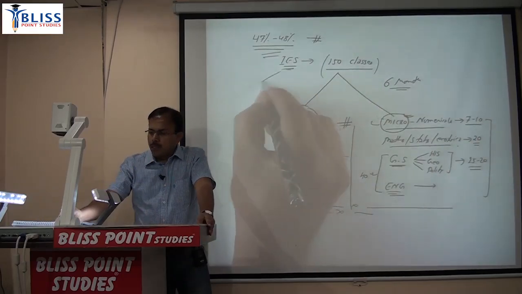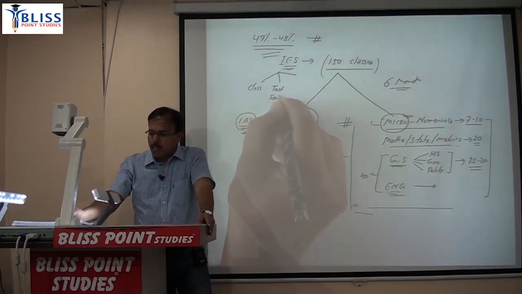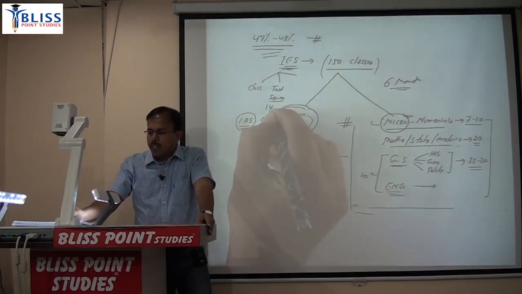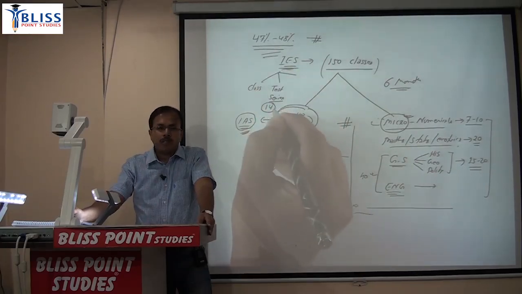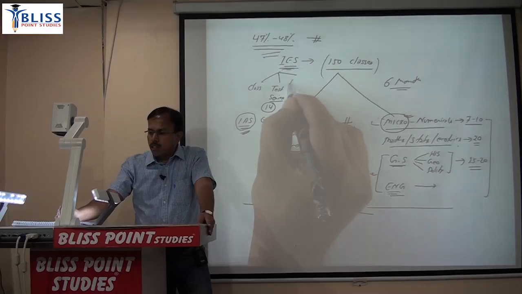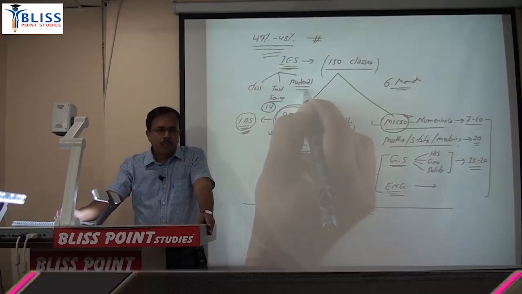And this course will include basically 3 things. One will be your class, second will be your test series. The test series of economic service will have around 14 tests, in optional it is only 12. So in economic service there will be 2 more for the GS and English part. And we will be providing certain specific material also, topic wise.